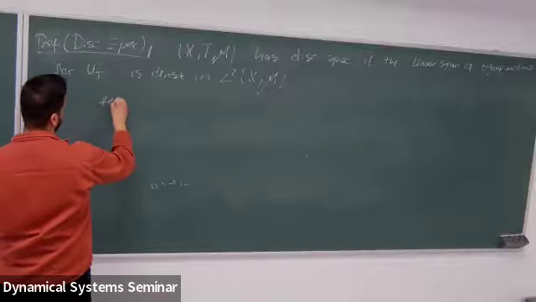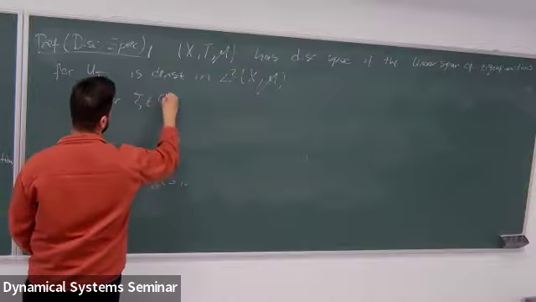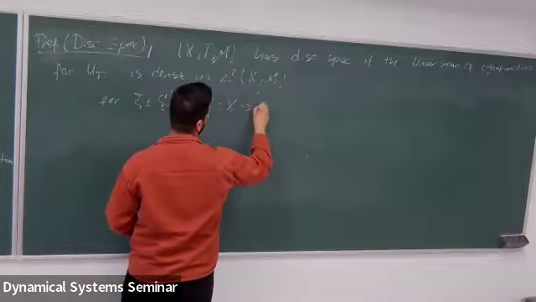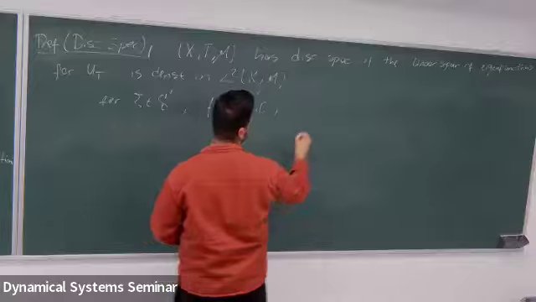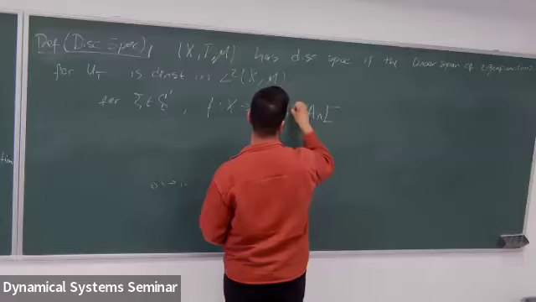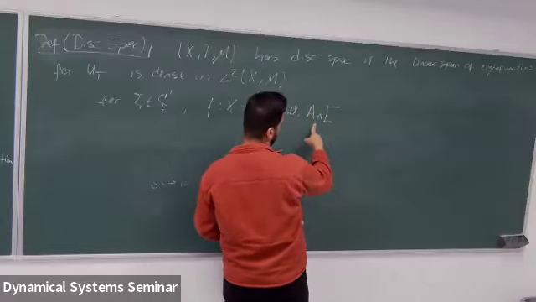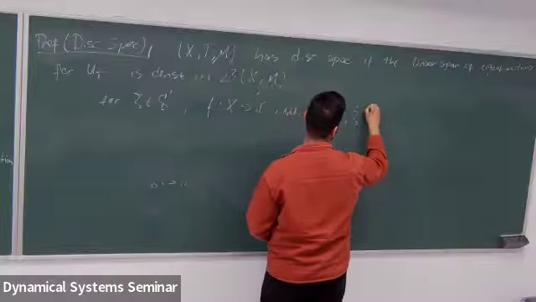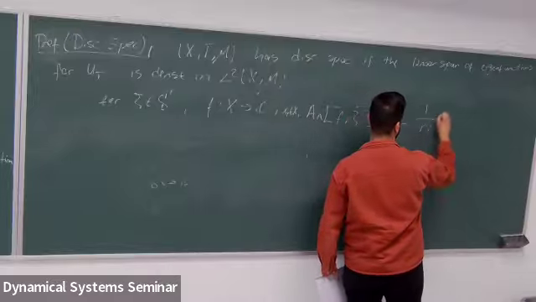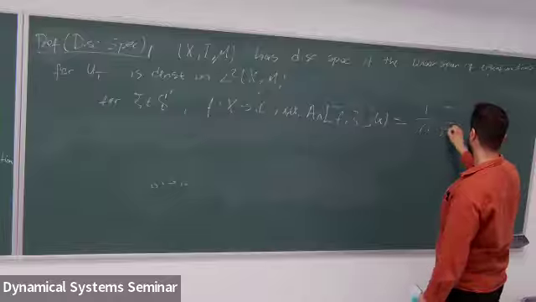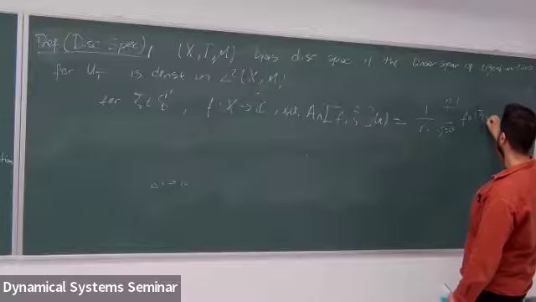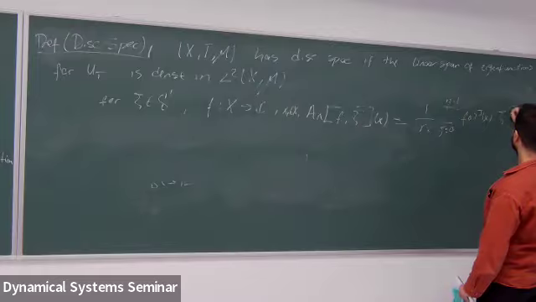Also, for c in S1 and for a complex continuous function f, we denote A_n f(x), the averages of f(T^j x) times c to the power minus j.